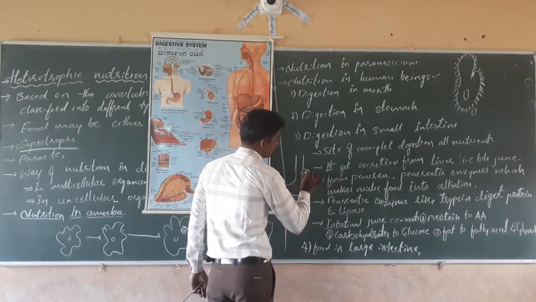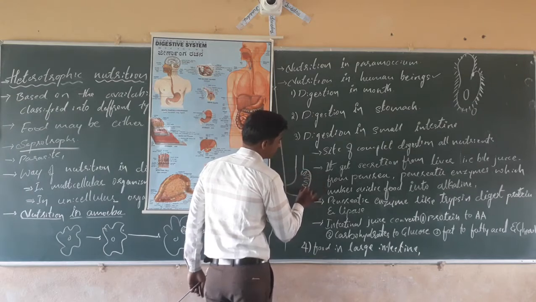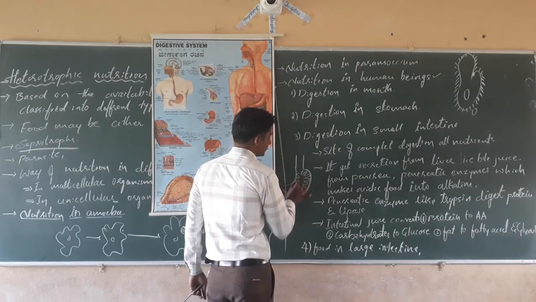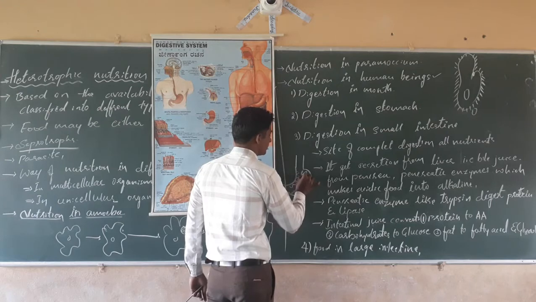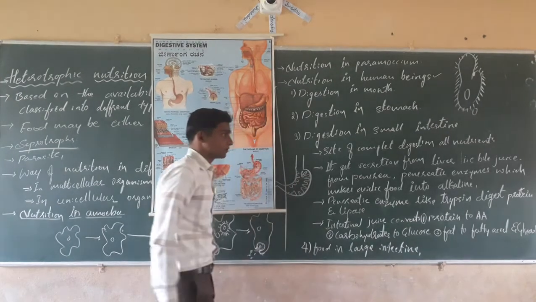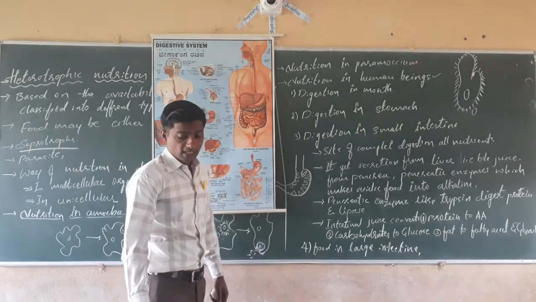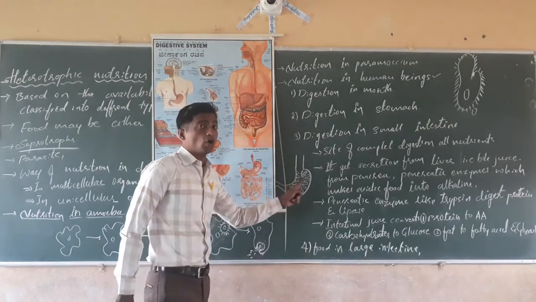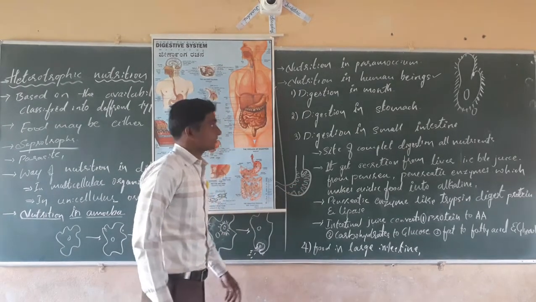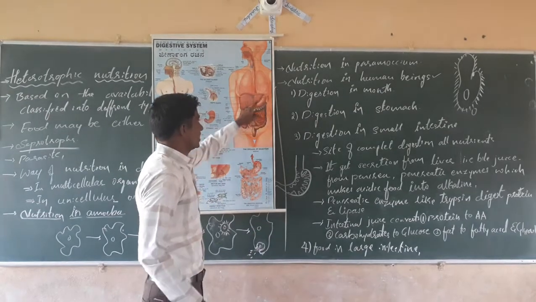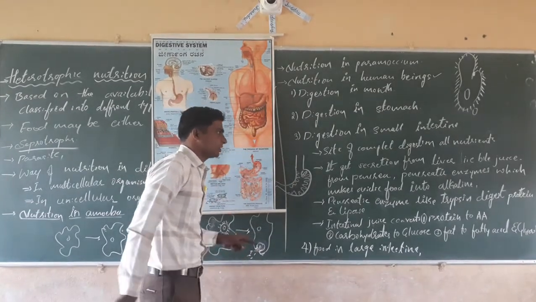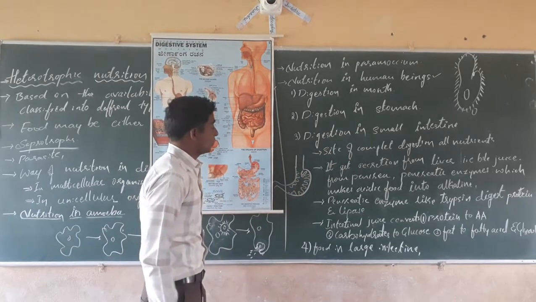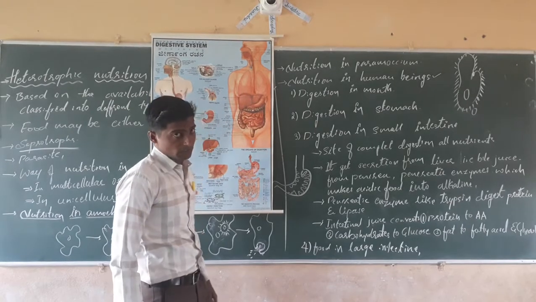The inner wall has a number of infoldings or grooves, called rugae or villi. These increase the surface area and also help in the digestion or crushing down of the food. The inner surface has infoldings called grooves or villi.